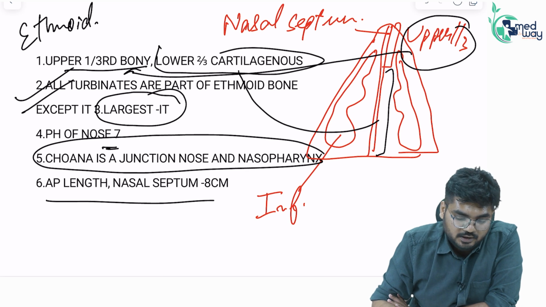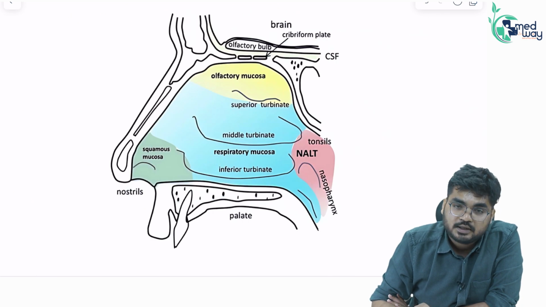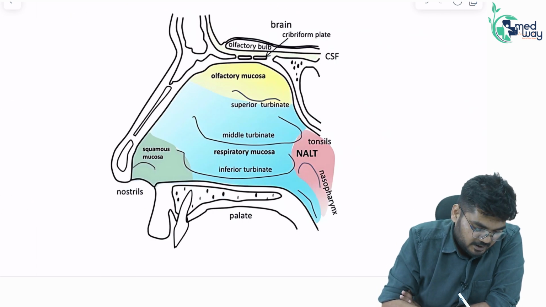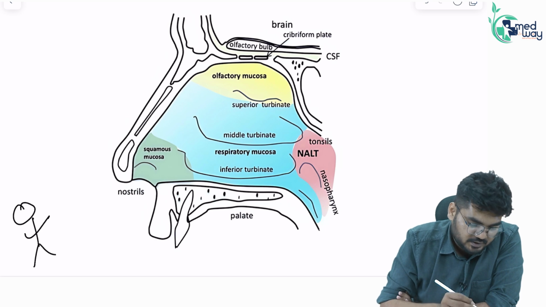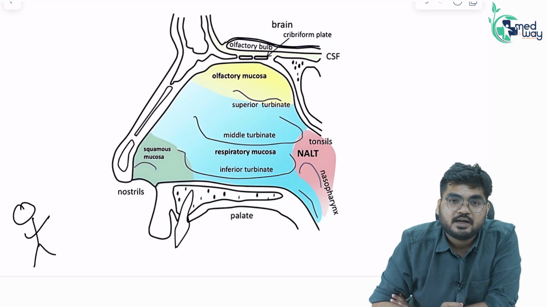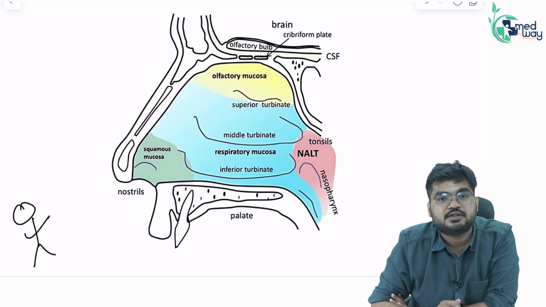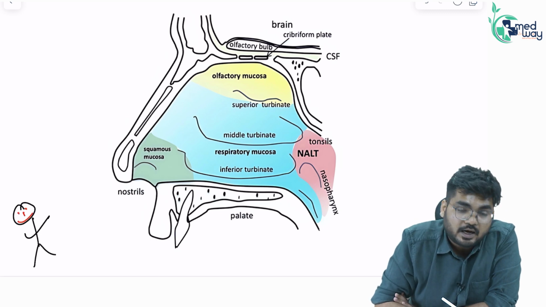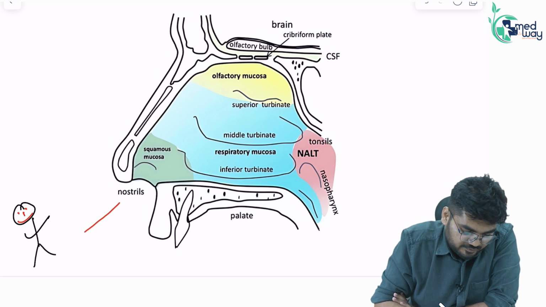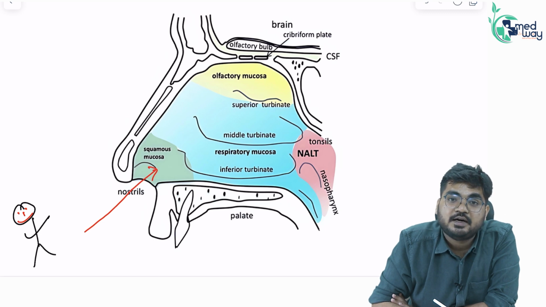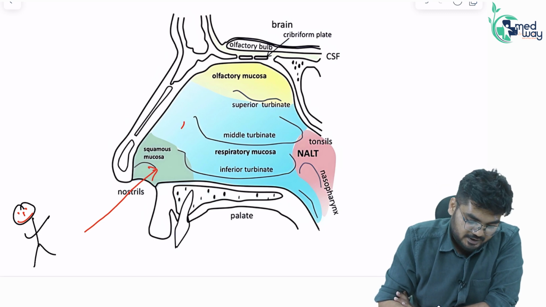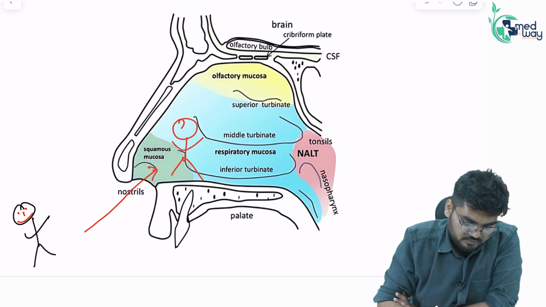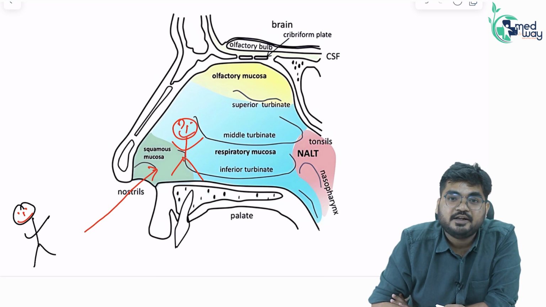Sir, what is choana? To make you understand choana, let us assume I have become an ant-man. See, this is me. This is the lateral view of the nose that you are seeing in this picture. I supposedly enter inside someone's nasal cavity, standing very happily inside it.